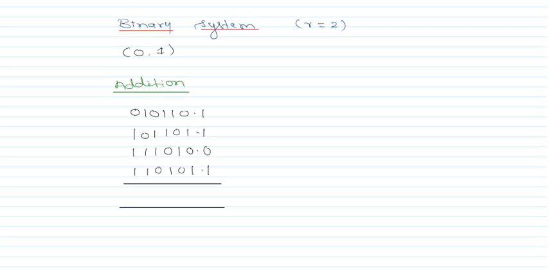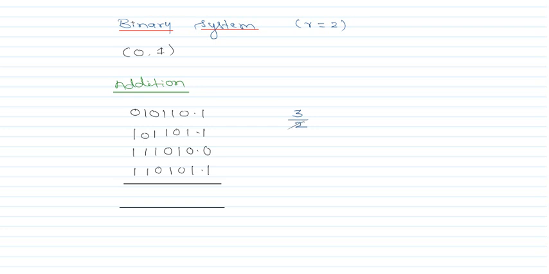Say 1 plus 1 plus 0 plus 1. The sum is 3 here. The total sum of the last column numbers is going to be 3. So we have to compare this number 3 with the base 2 system. Here the R value is equal to 2. Since the sum of this first column is greater than 2, we have to divide that by 2.